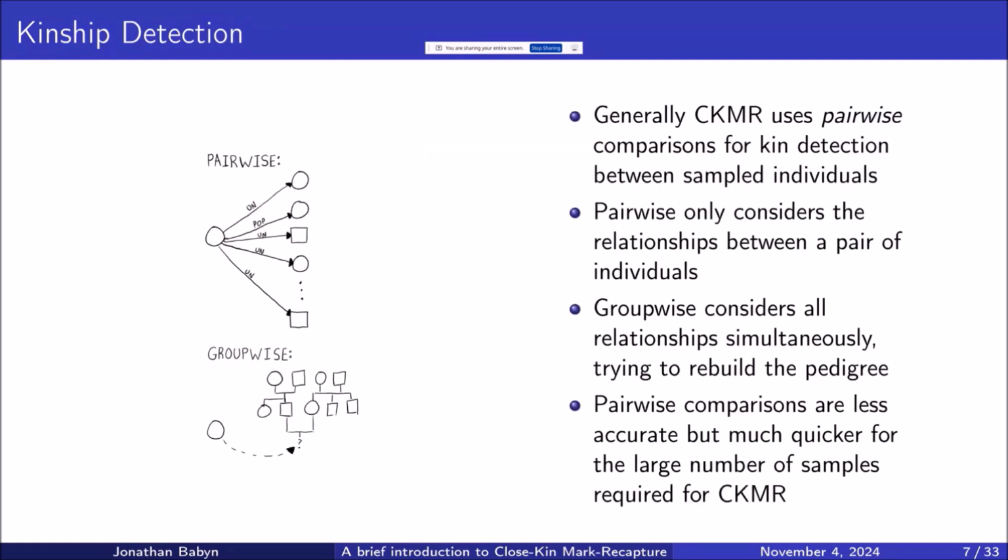For kinship detection with genetics, I'm not going to go into too much detail about how it's done, but you follow the rules of genetics. Typically, Close-Kin Mark-Recapture uses pairwise comparisons for kin detection.